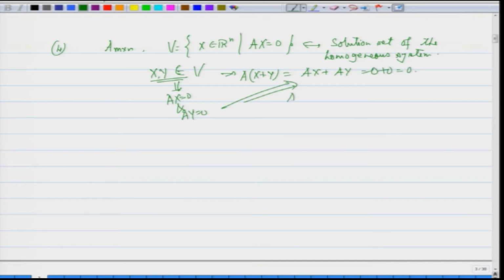Not only that, A times alpha x is alpha times Ax, because alpha is a scalar, say R, I am looking at over R. So, this is the same as alpha times 0, which is 0. So, therefore, we are able to define vector addition and scalar multiplication, and you can check that all the conditions for V being a vector space are satisfied. So, therefore, V is a vector space.